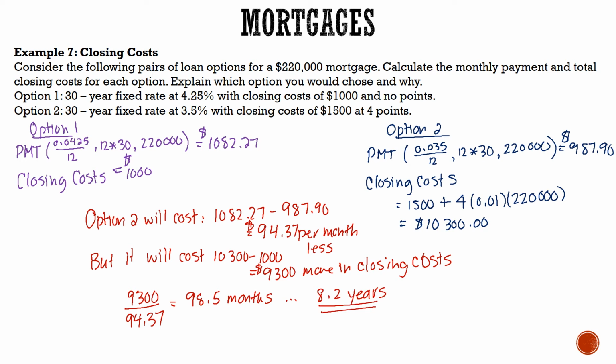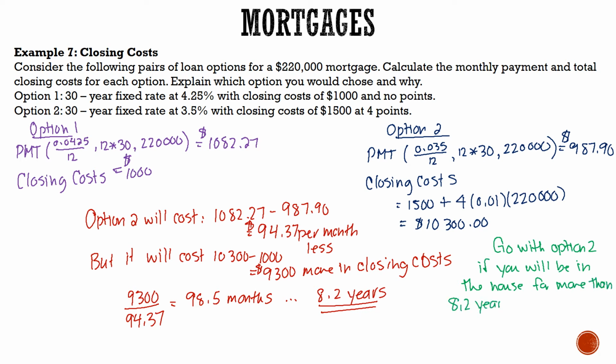So if we plan to stay in the house for longer than 8.2 years, then going with option 2 is the better choice. So we're going to go with option 2 if you will be in the house for more than 8.2 years.